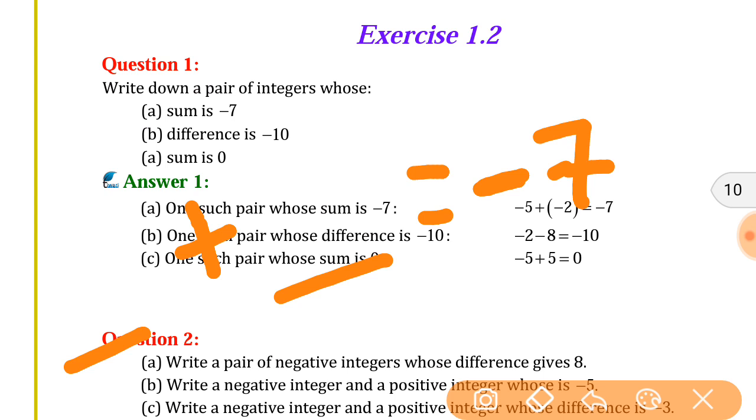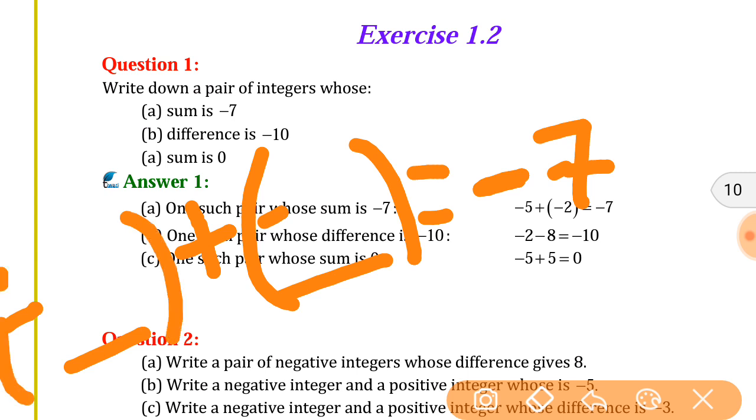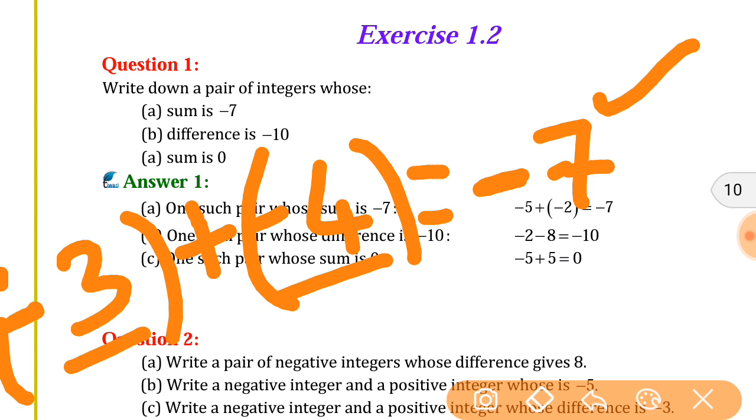If you give the same sign, you can write the two integers with the same negative sign. Addition of two negative integers gives a negative integer only, so you can write minus 3 plus minus 4. Is it not minus 7?